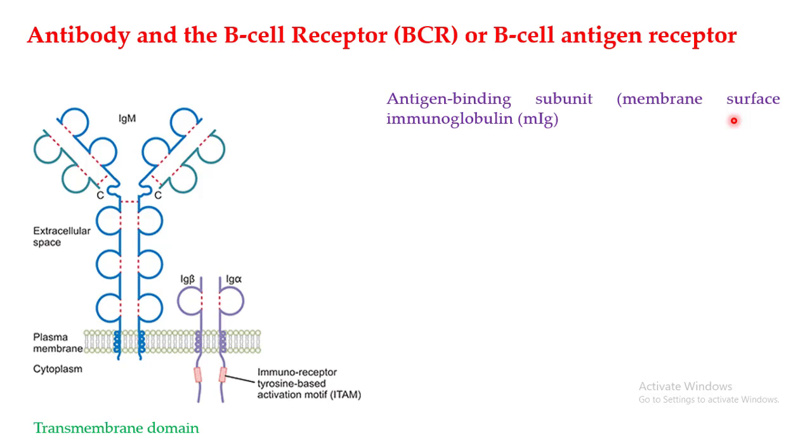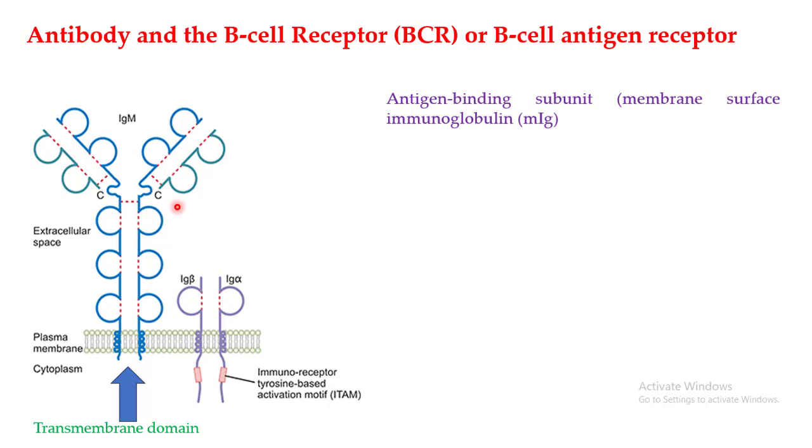This area is known as the transmembrane domain of the B cell receptor, and it is responsible for anchoring this immunoglobulin to the surface of the B cell. Therefore, we are calling them the membrane surface immunoglobulin.